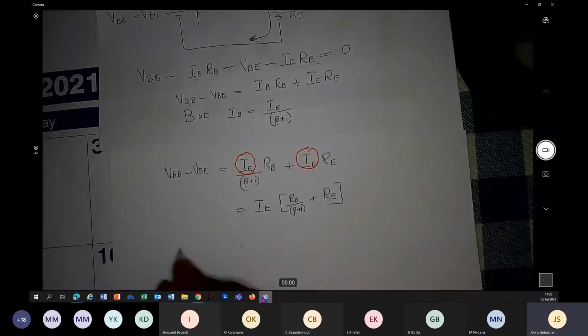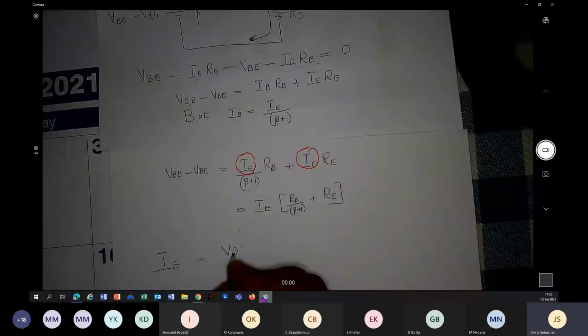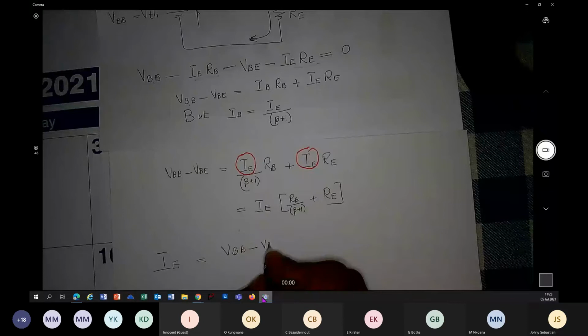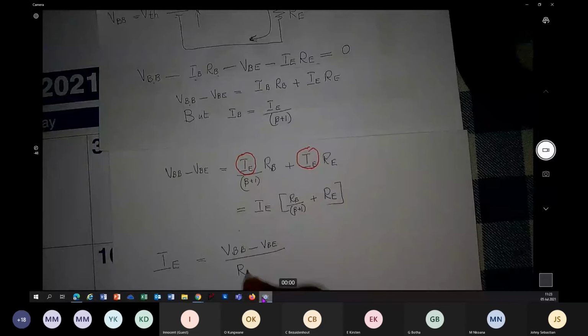Or in other words, IE equals VBB minus VBE divided by RB over beta plus 1 plus RE. That is how we can find the emitter current.